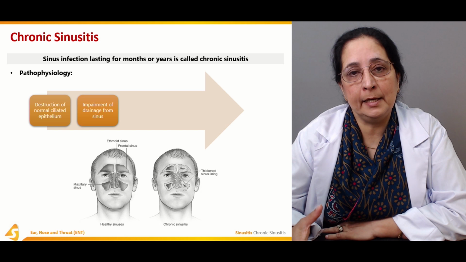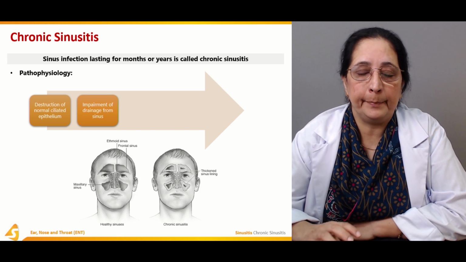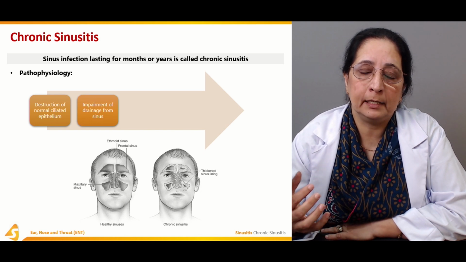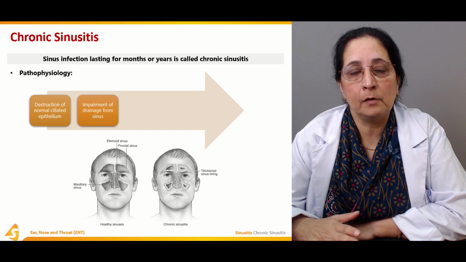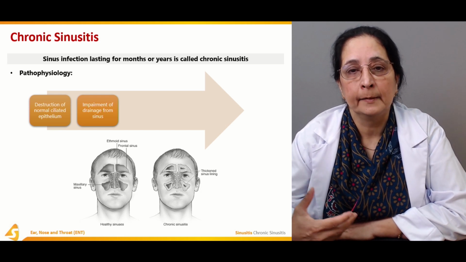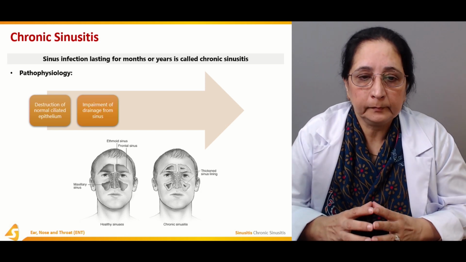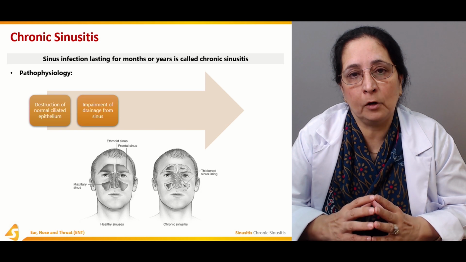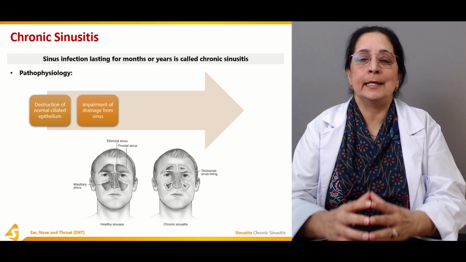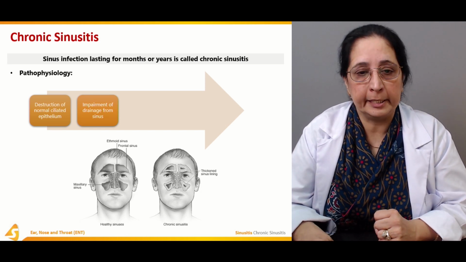Now what's happening in chronic sinusitis, the ciliary epithelium, cilia are hair-like projections that can rid the passages of different foreign bodies and microorganisms. So when that is lost, it causes impairment of the drainage from the sinus, so secretions stay inside the sinus and cause different complications.